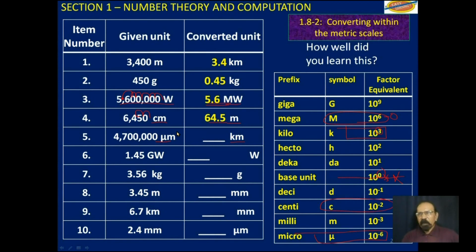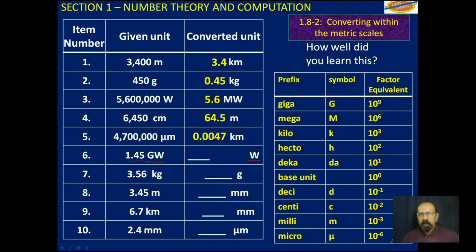So we have to divide by 10 to the ninth. We have to move that point 1, 2, 3, 4, 5, 6, 7, 8, 9. So we have to add 2 zeros here, and we get 0.0047 kilometers.